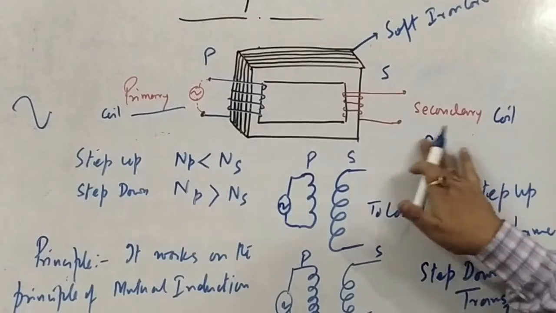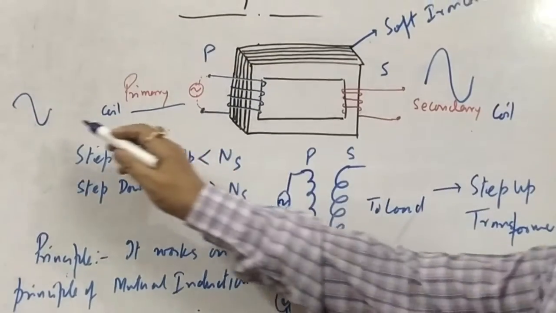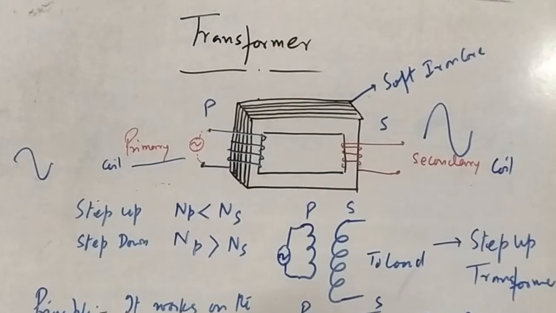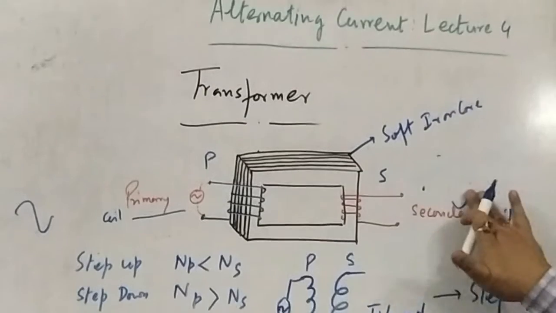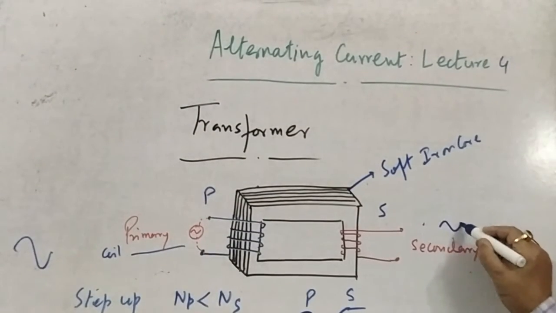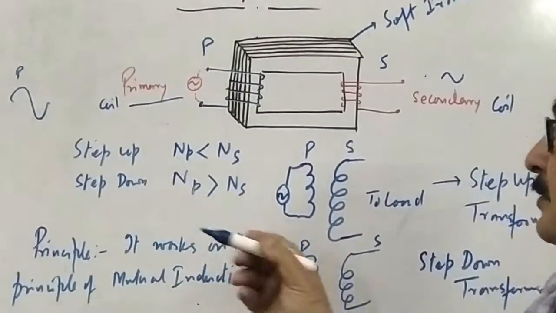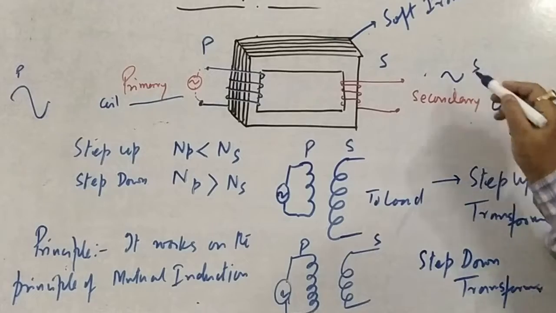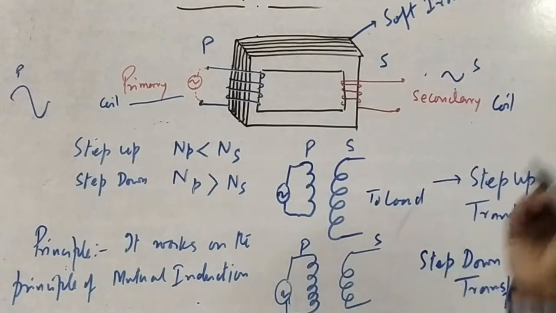For step up transformer, the amplitude of voltage will be larger than that of input or primary, and for step down transformer, the amplitude of voltage will be less. You can see this is the amplitude of primary coil and this is the amplitude of secondary coil. Naturally, you can very easily see that output voltage is less.